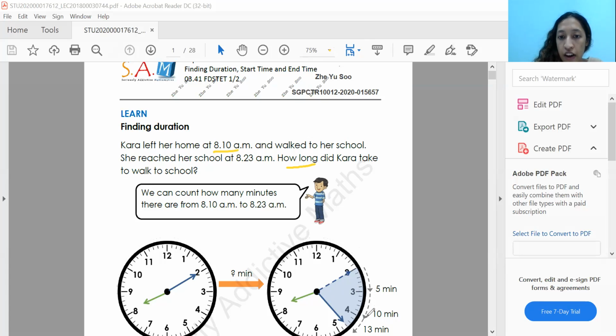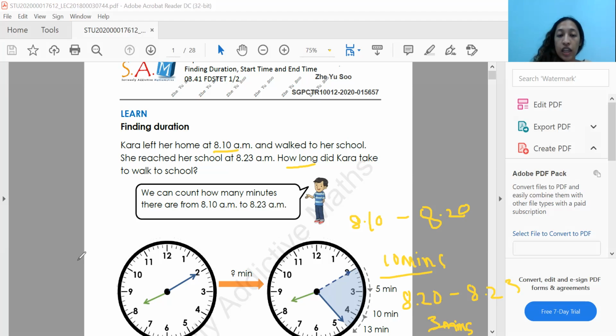And another 5 minutes later would be 8:20. So 8:10 to 8:20 is basically 10 minutes, correct? And then from 8:20 all the way to 8:23, that would be 3 minutes, right? So 10 minutes plus 3 minutes, you'd get 13 minutes. So Kara took 13 minutes to walk to school, all right?